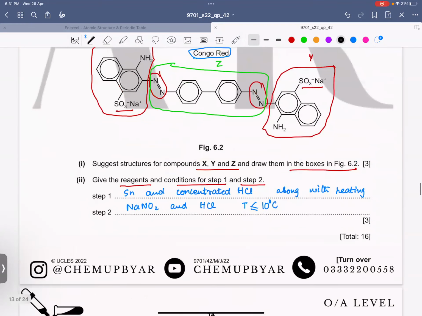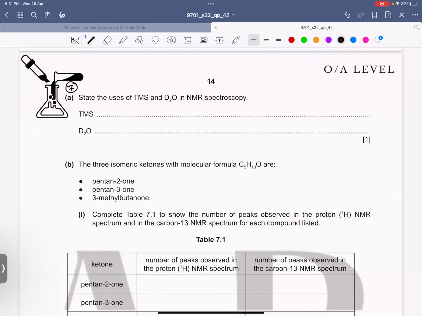Now, question number 7. State the use of TMS, that is tetramethylsilane, and D2O in NMR spectroscopy. So if you recall, TMS is used as a reference.